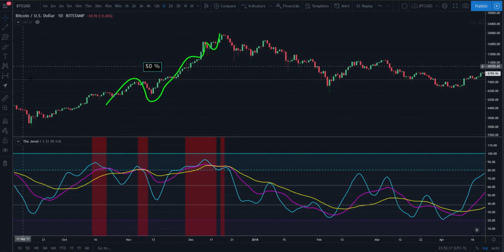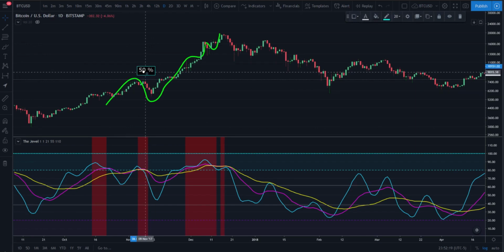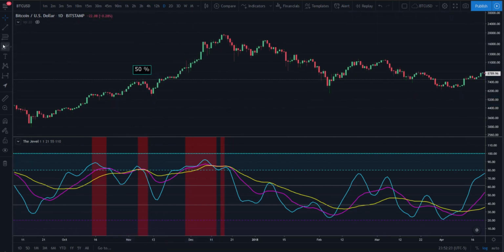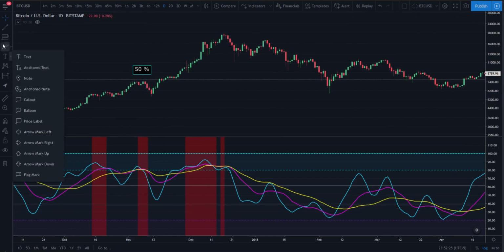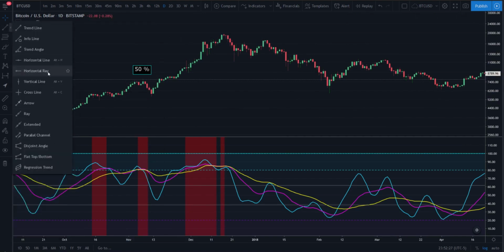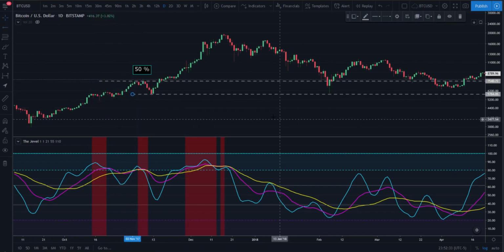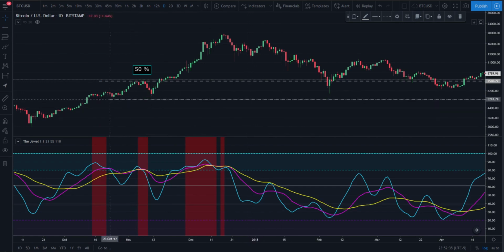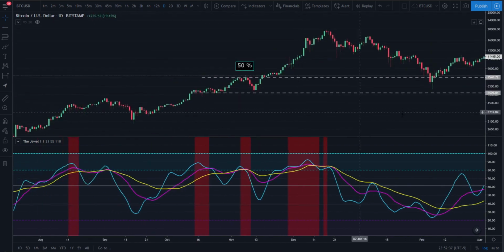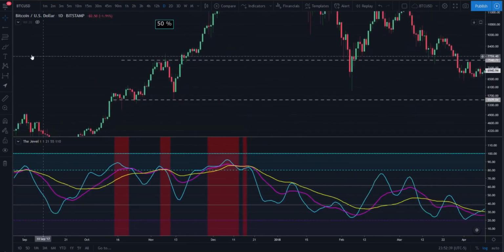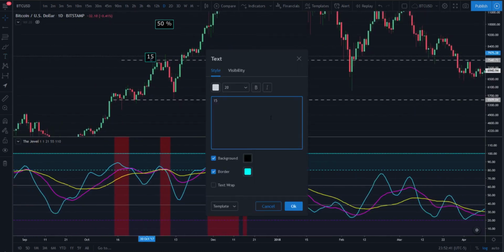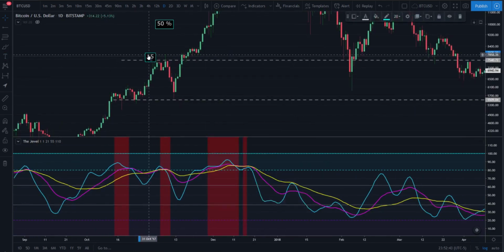What else carries some weight in my mind as to why I would take a trade? It would be, if I can find my things, resistance and support. Okay, that makes up for 15% of the success.